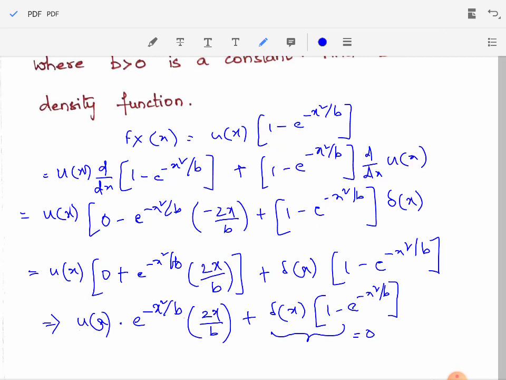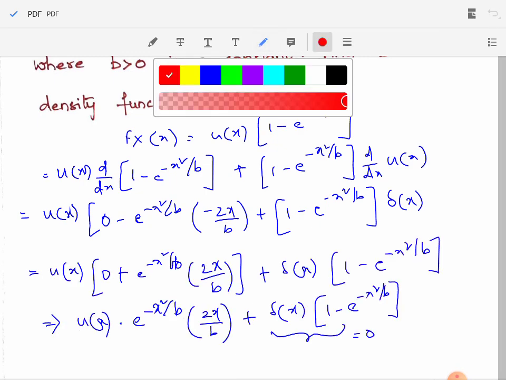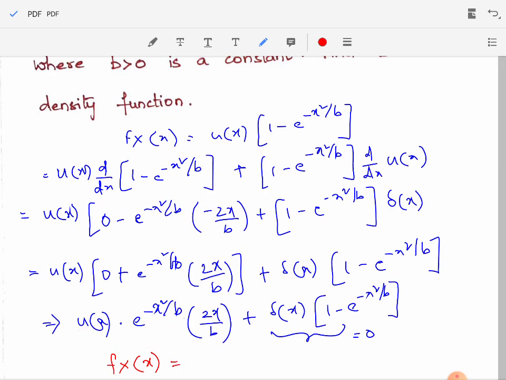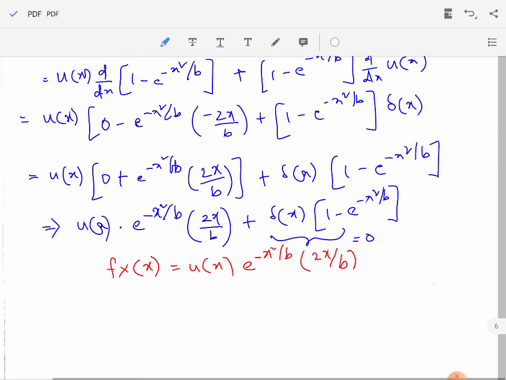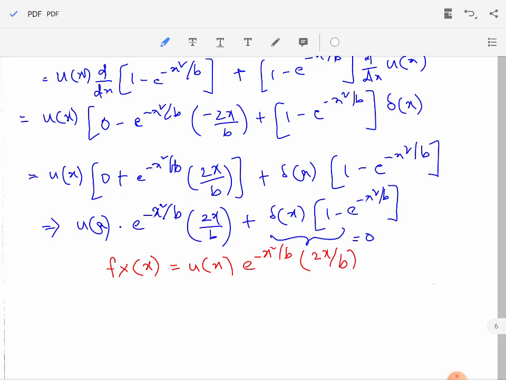Therefore the PDF fX(x) is equal to u(x) e^(-x²/b) 2x/b. So this is your final answer.